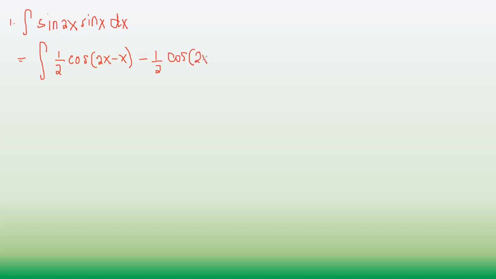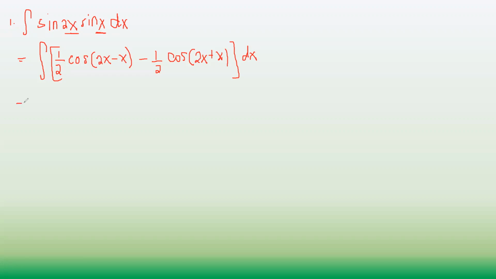A plus B naman. Then dx. Ayun na, 1/2 cosine A minus B minus 1/2 cosine A plus B. This is A, this is B. A, B. Sine A, sine B, dx. 1/2 cosine A minus B minus 1/2 cosine A plus B.